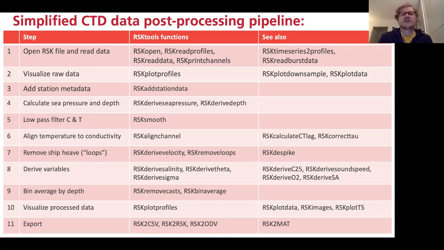The middle column shows you the main RSKtools functions that will help you with that step. And on the far right-hand column, there are also other functions which you may find useful for those sorts of operations. It's a nice little summary table you can refer to if you're developing a post-processing pipeline.